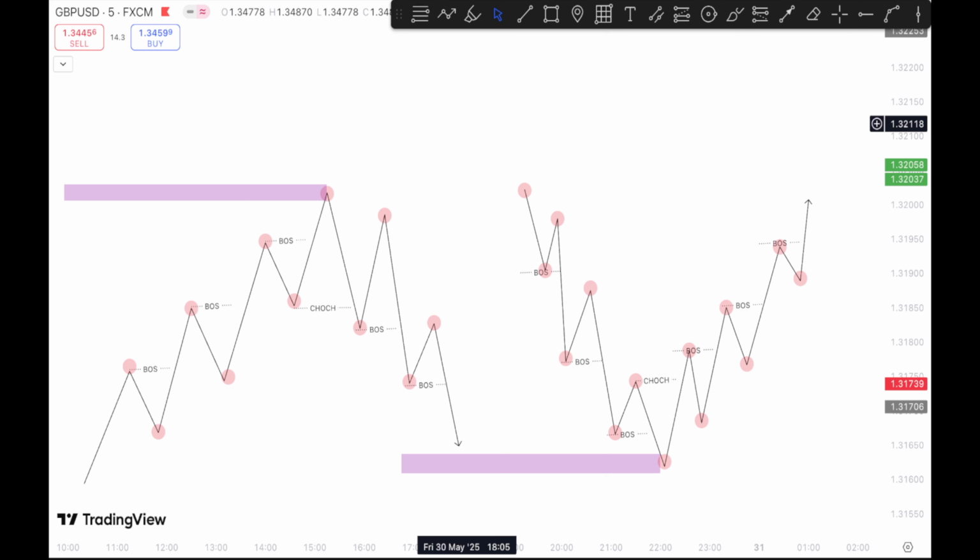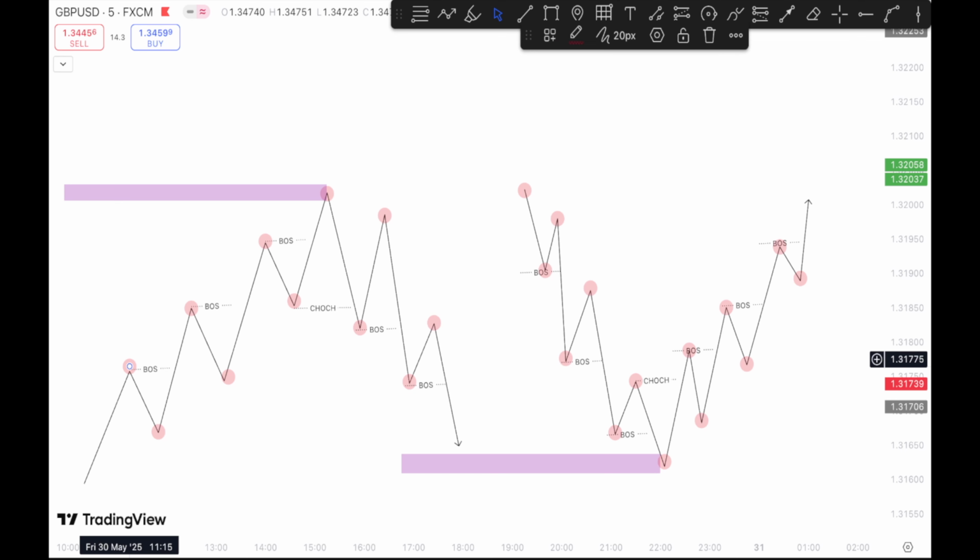Now let's understand change of character. Change of character means the market shifting its trend from bullish to bearish. Inducement and change of character are either the same, but it depends where the structure has been formed. Suppose, see over here on this particular example, the market is moving up from here.